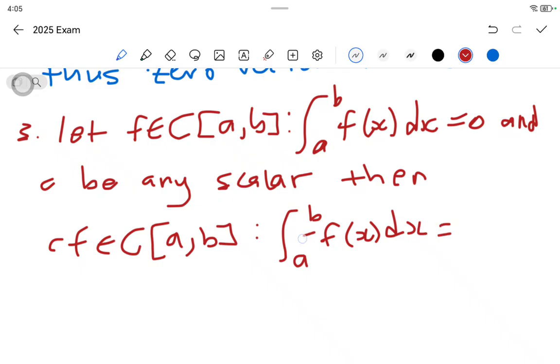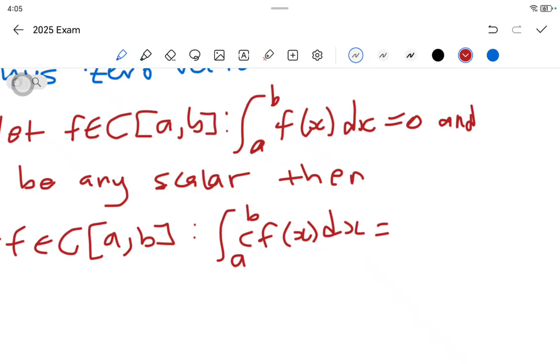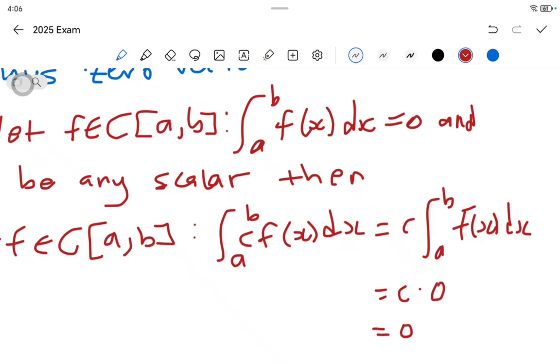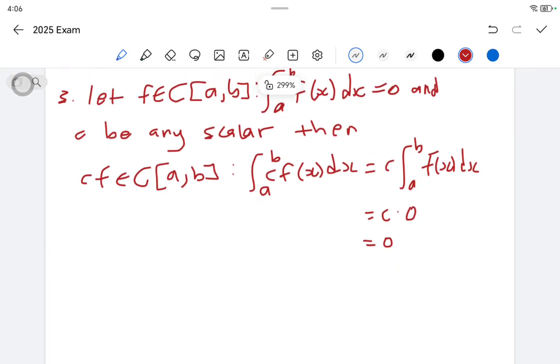I have c here. We don't know if it's 0 yet, but we must prove that it's 0, right? Then this implies that I can take the c outside of the integral of f of x dx. This is c times 0, which is 0. And this shows us that thus cf belongs to W also.